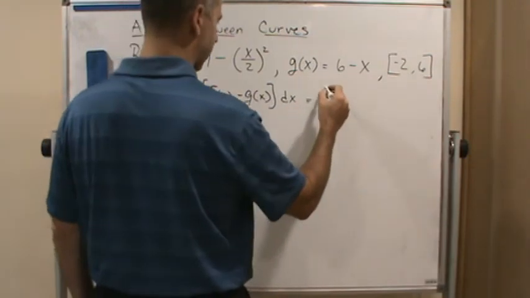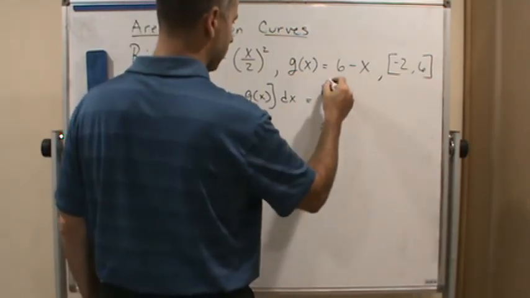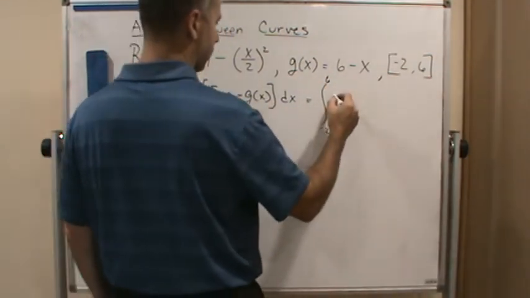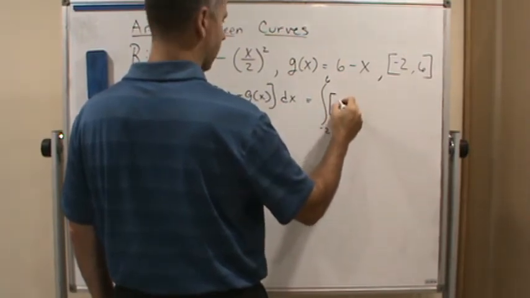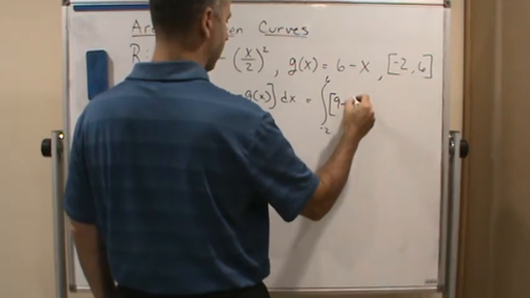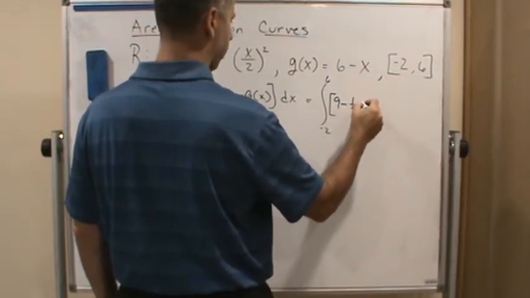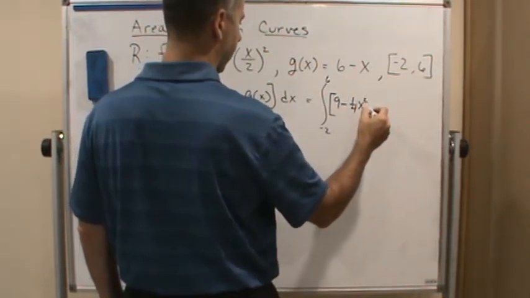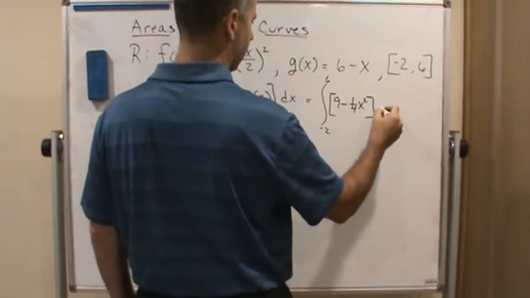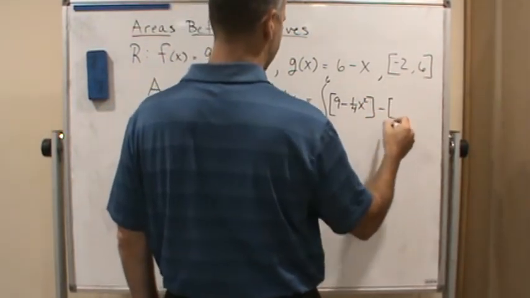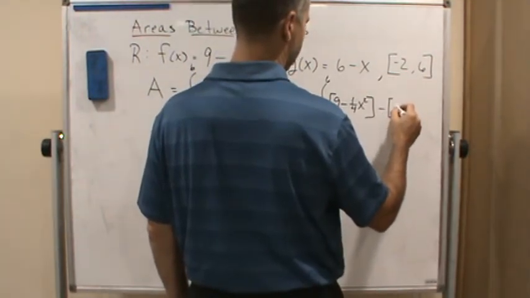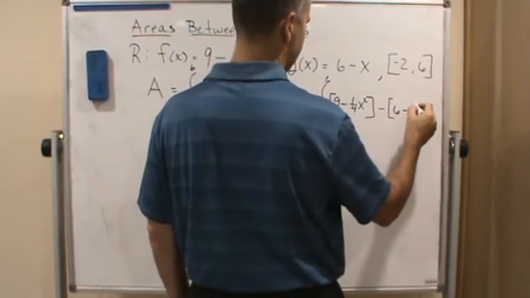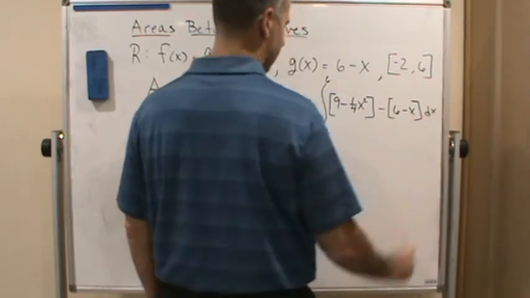So it's going to be the integral from -2 to 6 of 9 minus 1/4 x squared, minus (6 minus x), dx.